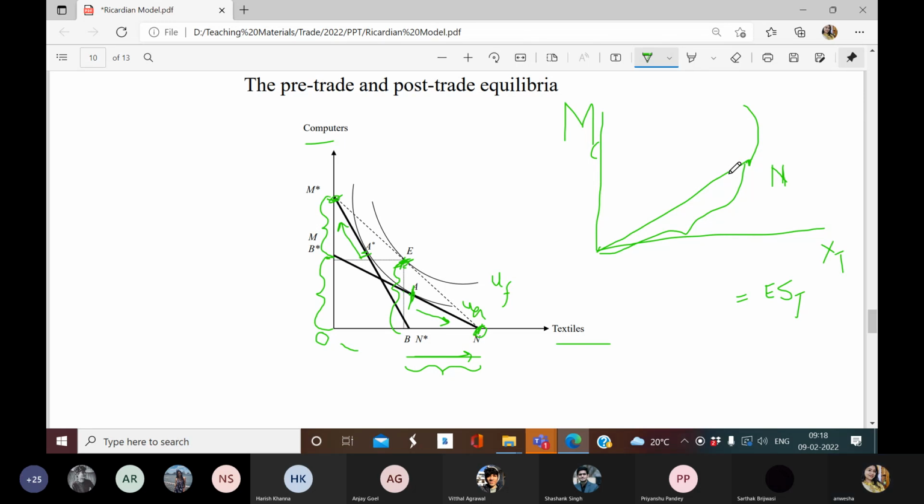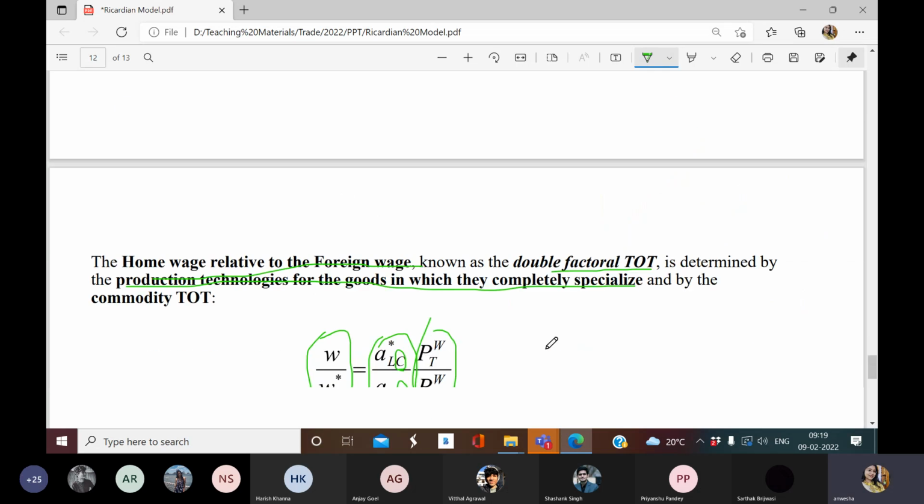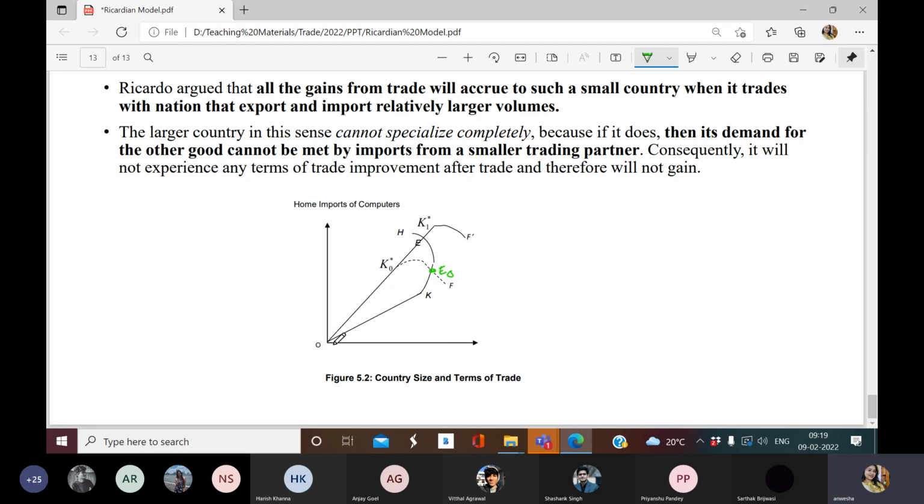Now suppose the foreign country is a large country. Then the linear segment corresponding to its complete specialization in computer will be greater. So the foreign offer curve is no longer this OK0*F.